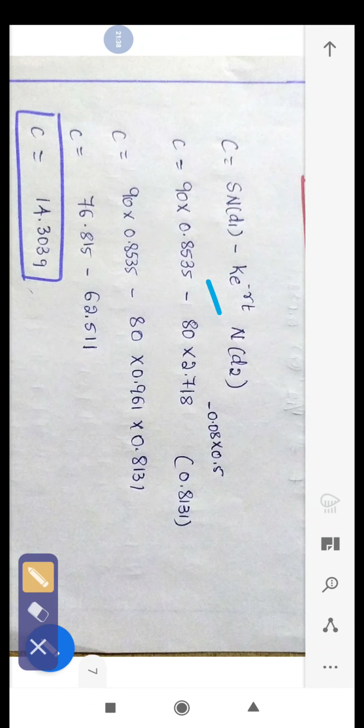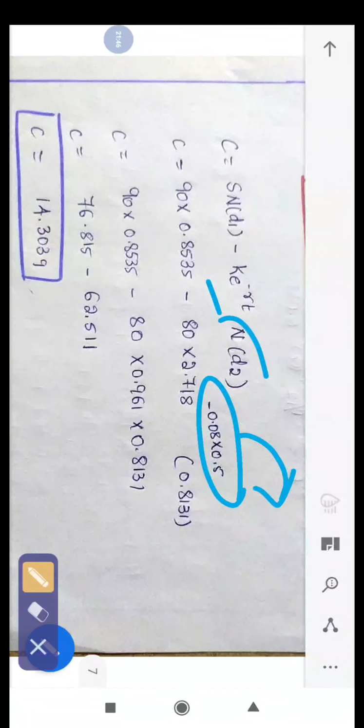For this also I have made one video. You have to watch that video first. Next is N(d2), which we have calculated. So 90 into 0.8535 minus 80, you will get this answer, that is 0.961. So multiply all these three, the answer will be 62.51. Subtract both the numbers, the final call option price is 14.3039.